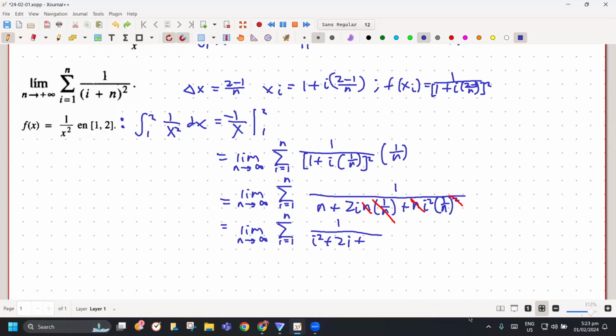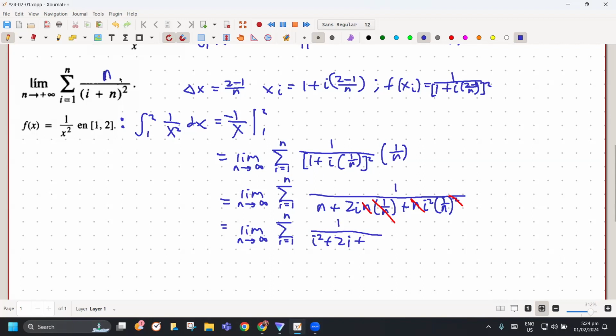It should be n squared. Kita mo na yung may n talaga sa numerator na wala din sa Spanish edition.